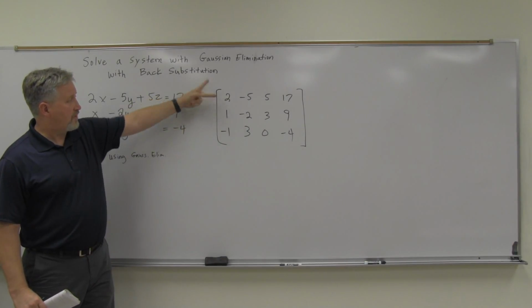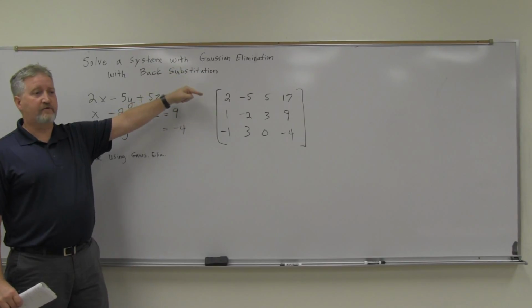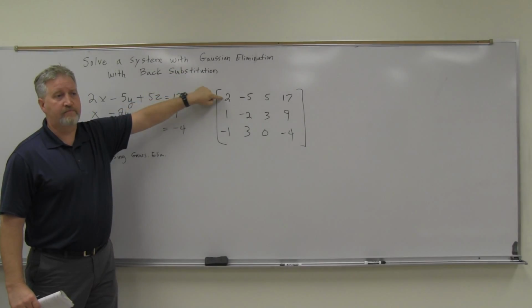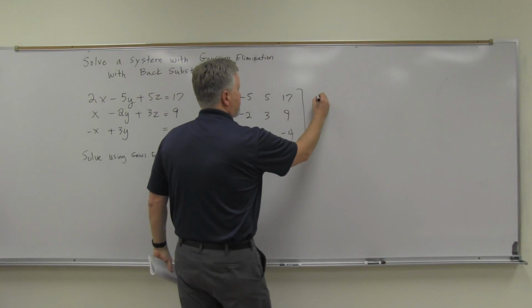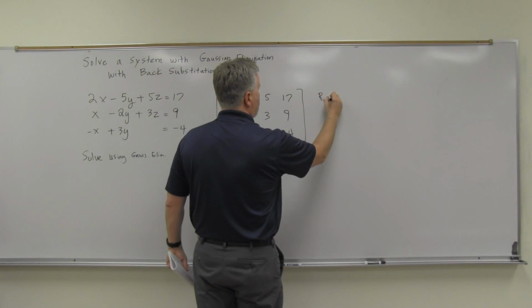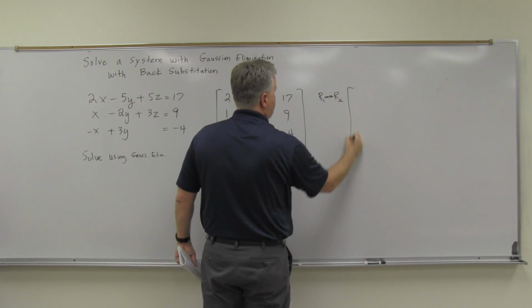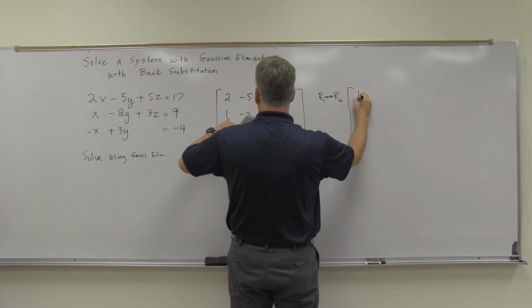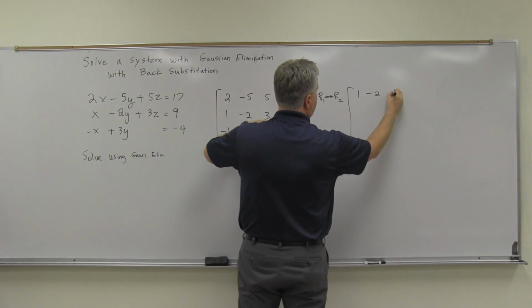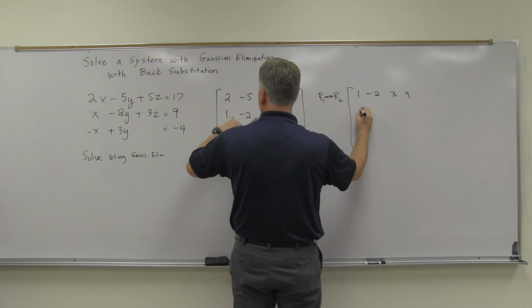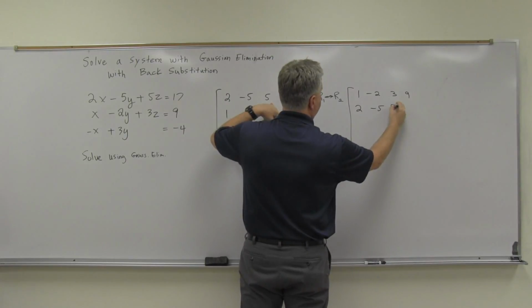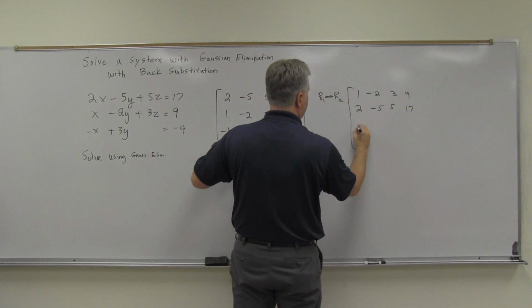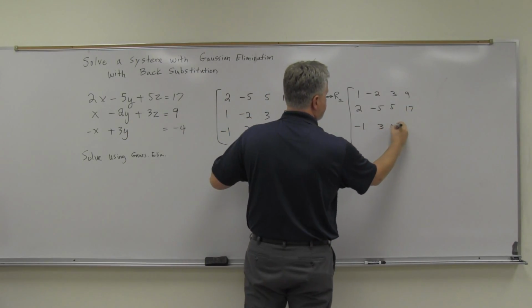If I swap those 2 out, that'll give me my first 1 in the proper spot. So the first thing here is let's just swap row 1 and row 2 out and make it 1, negative 2, 3, 9, and then 2, negative 5, 5, 17, and row 3 as is.